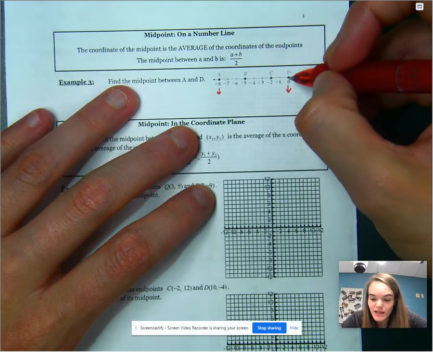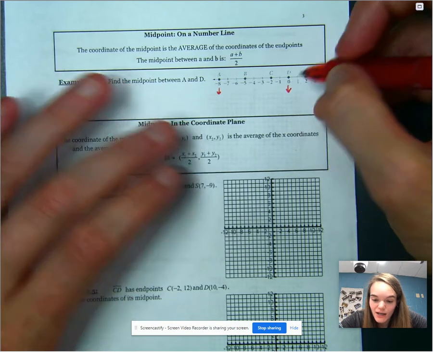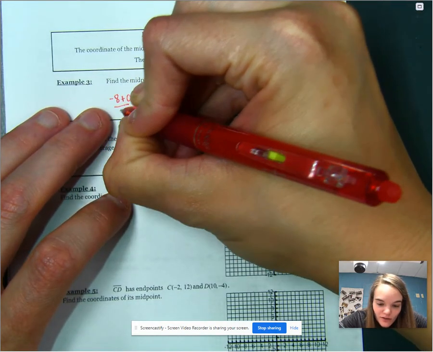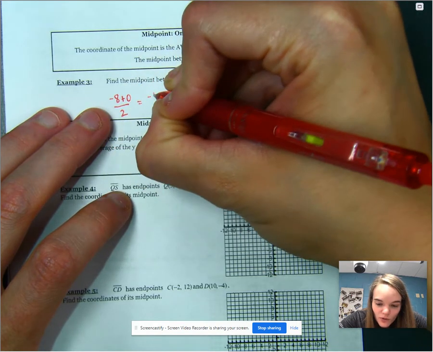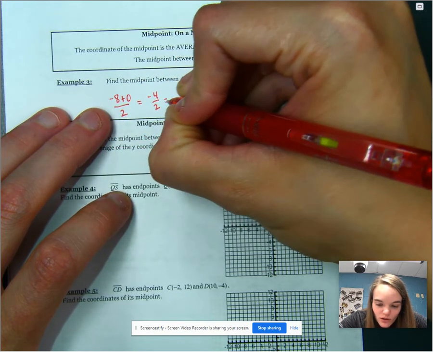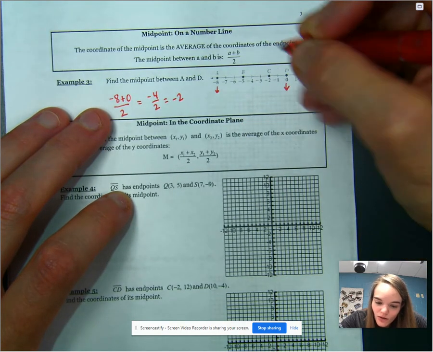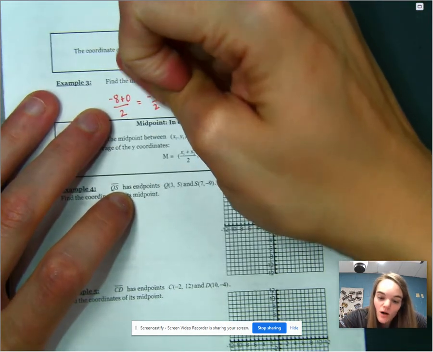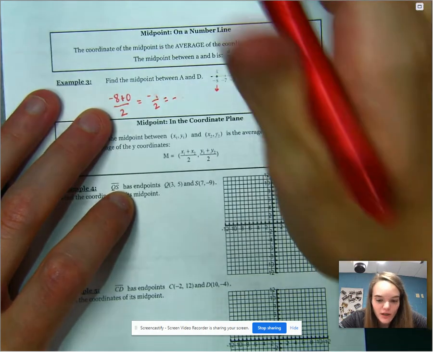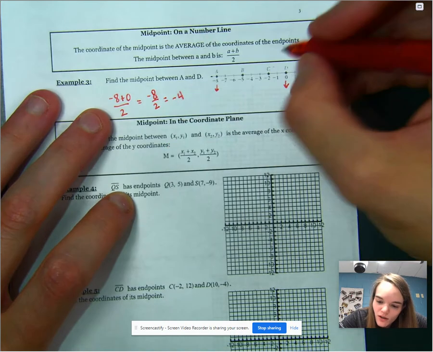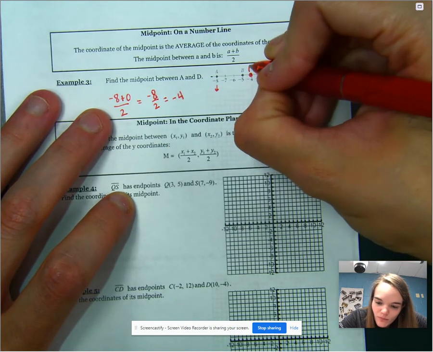So between -8 and 0, I can either do -8 plus 0 divided by 2, -4 divided by 2, -2. Okay, the midpoint is, y'all, I can't add. Always make sure you check me because sometimes I forget how to add evidently. -8 divided by 2 is -4. Okay, there's the midpoint M.